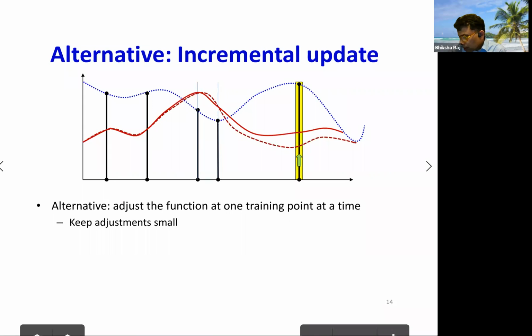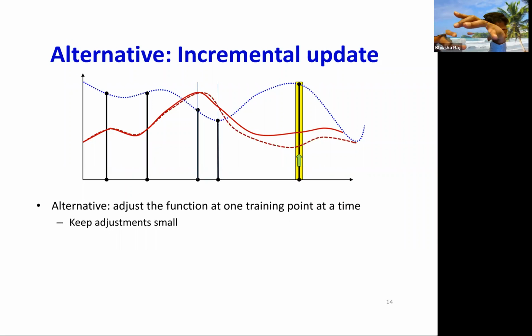Here's an alternative approach. An alternative approach is to adjust the function using just one training point at a time. To give you an idea of how this happens, imagine you're trying to shape a handkerchief or some sheet into some shape. Then you could just sort of sprout hundreds of fingers and try to grab it at various locations and begin adjusting it at all points all at once.